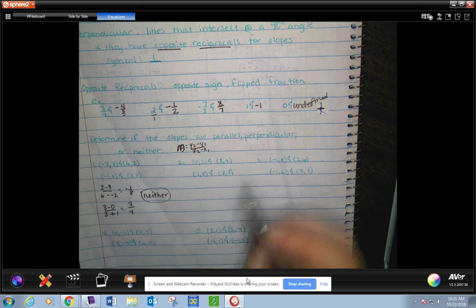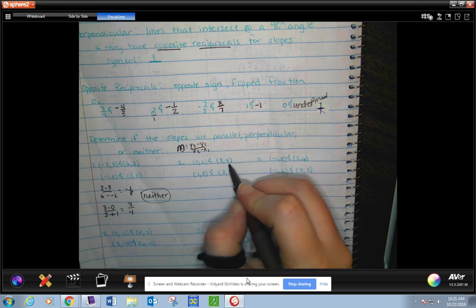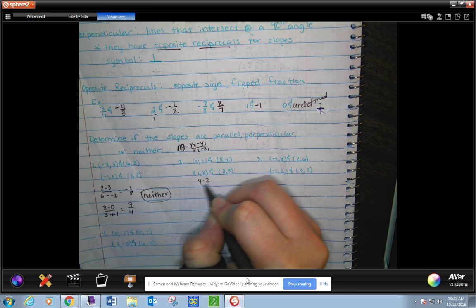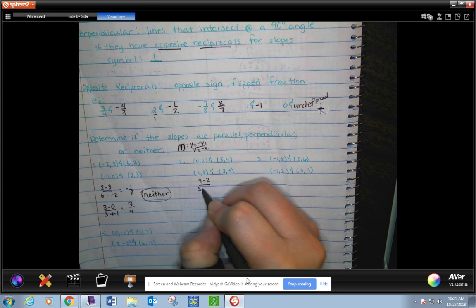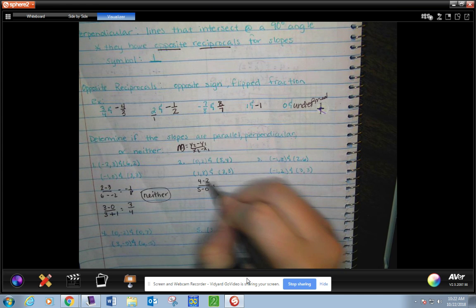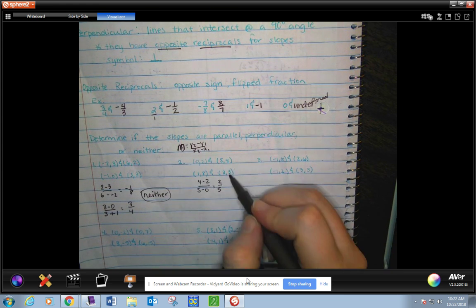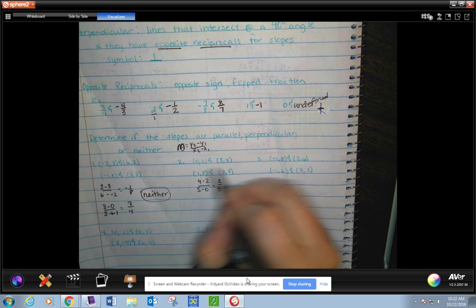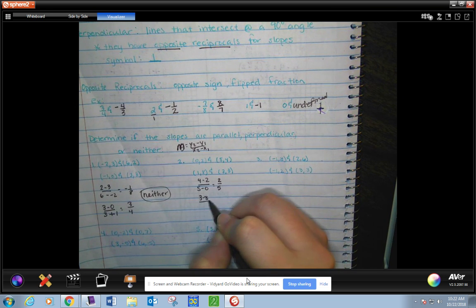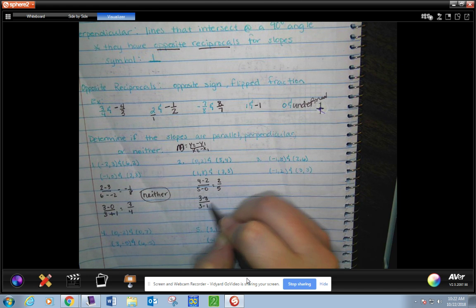Okay, for my next one, I'm doing the exact same thing. I'm going to take y2, which is 4 minus 2 over x2 is 5 minus 0. Okay, 4 minus 2 is 2, and 5 minus 0 is 5. Second point, I'm going to do 3 minus 8 over 3 minus 1.